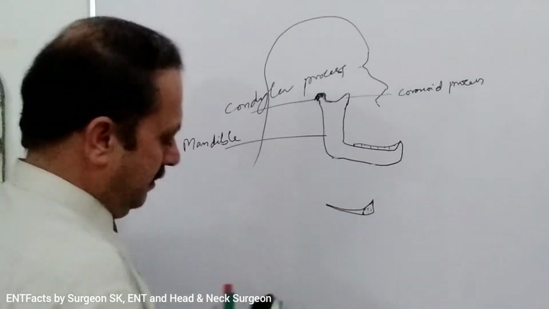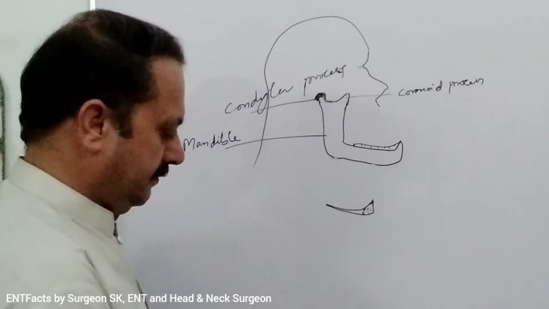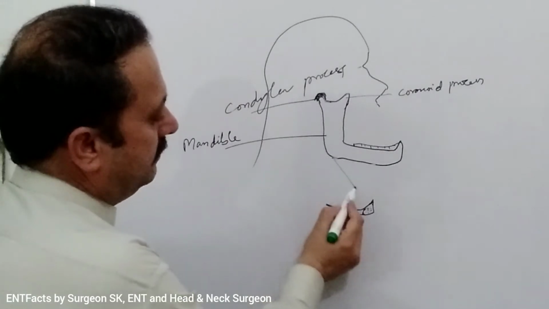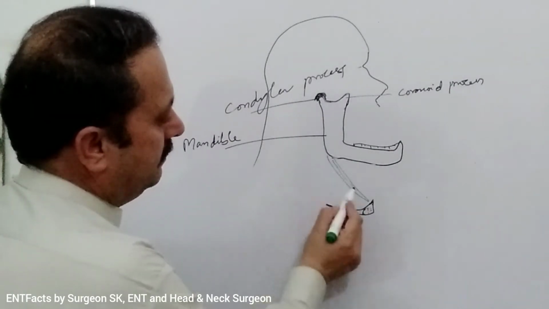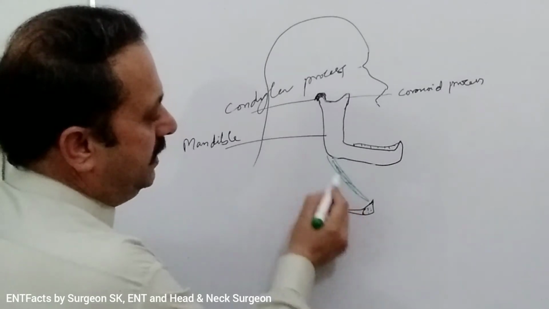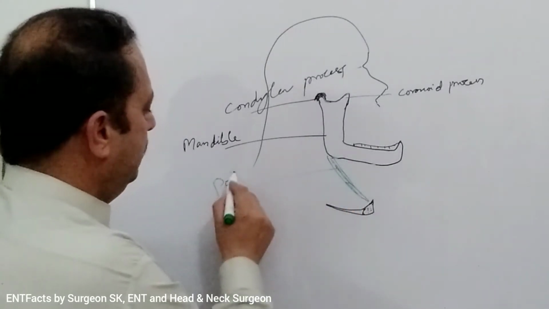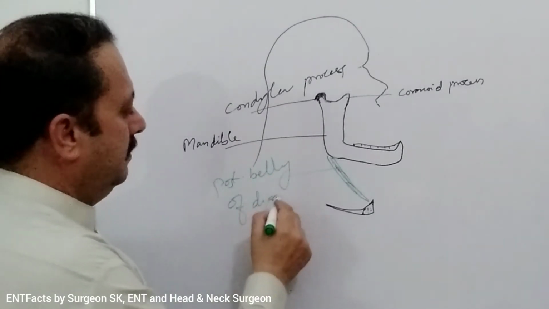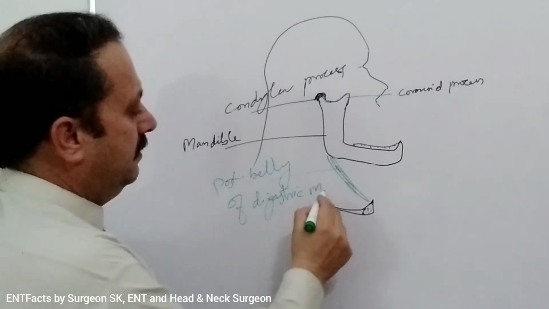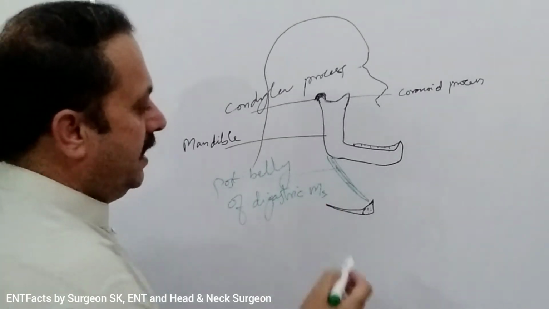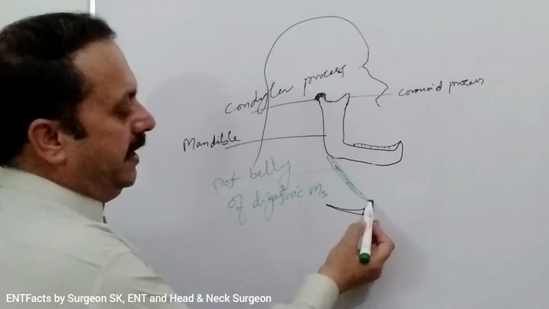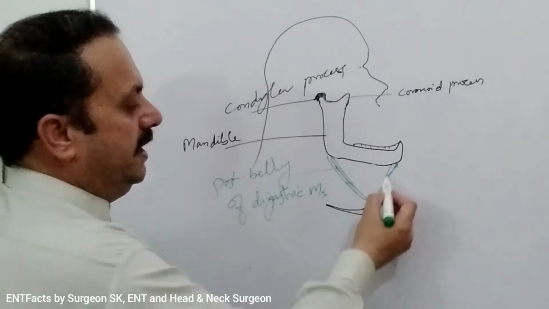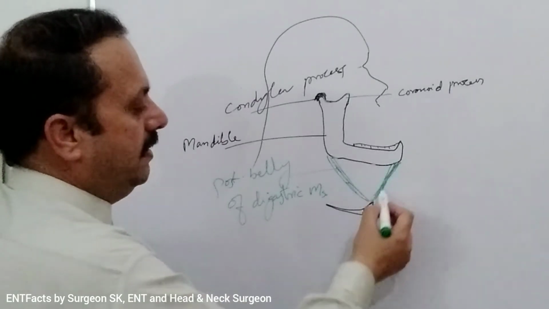The muscle that was coming from here is the posterior belly of digastric muscle, as I mentioned before, and it forms here a tendon which gives another belly that is called the anterior belly of digastric.